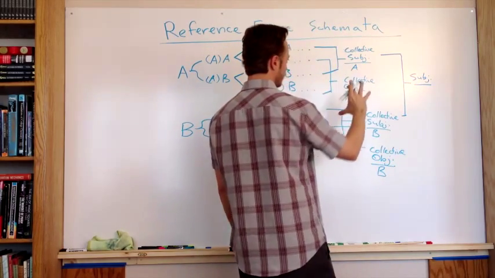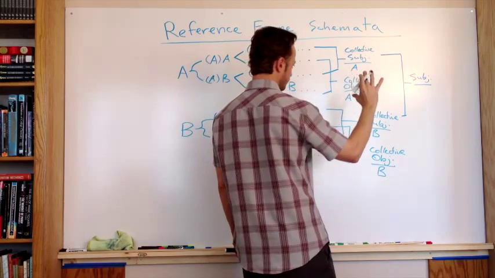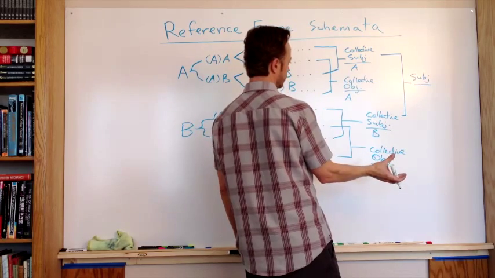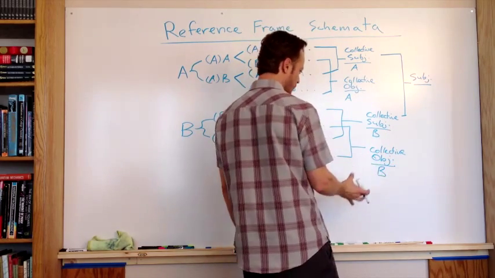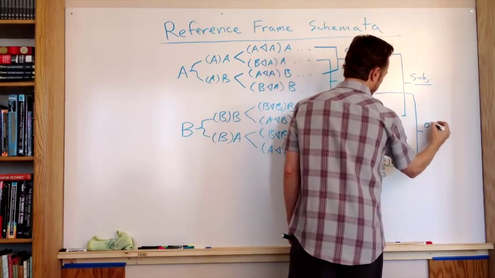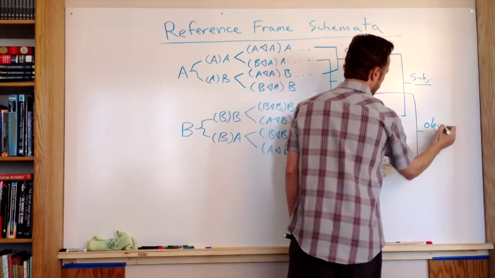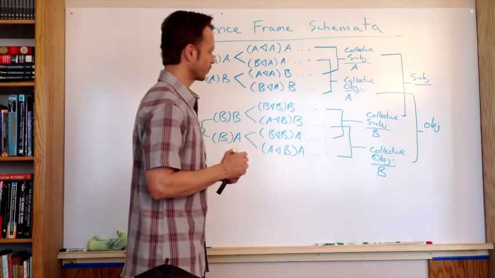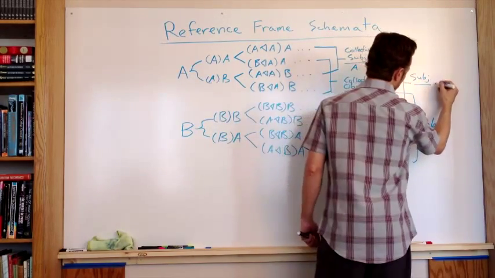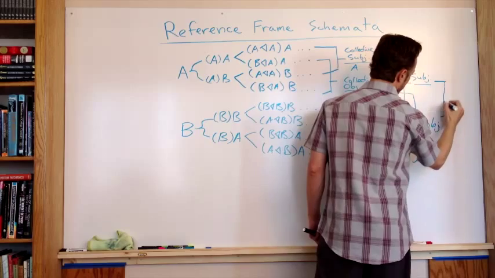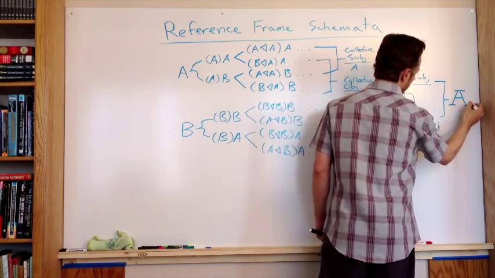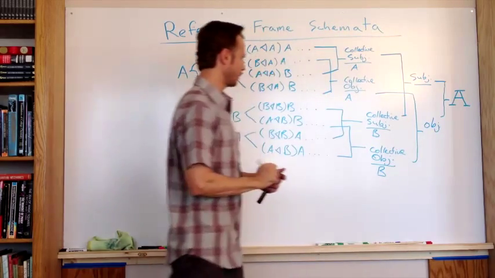We could also take the collective objective frames of reference of A and the collective objective frames of reference of B, bring those together, and that's a collective objective, and thus this implies the existence of a greater thing, namely greater A or bigger A, however we're going to call that.